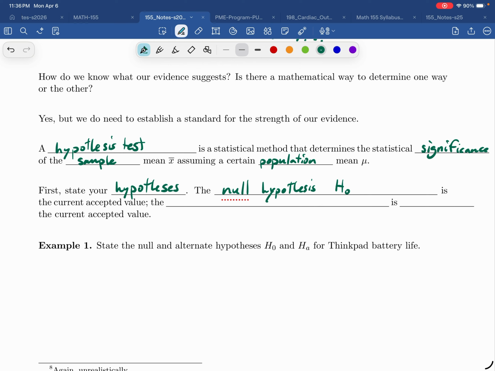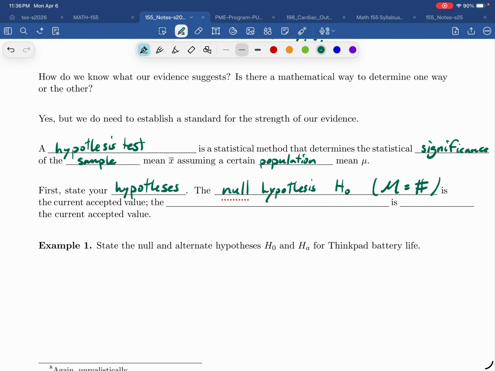It says basically that mu equals whatever value. In this case, it would be 7.5. But in general, it'll be mu equals some number.